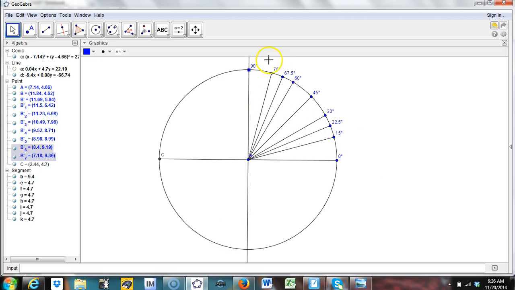Each quadrant is going to have these same angles in them, but we have to figure out what the actual degree is, because every single angle is starting at 0 degrees and opening up from there. So 15 degrees, 22.5, 75 is starting at 0 way up here, all the way up to 90.